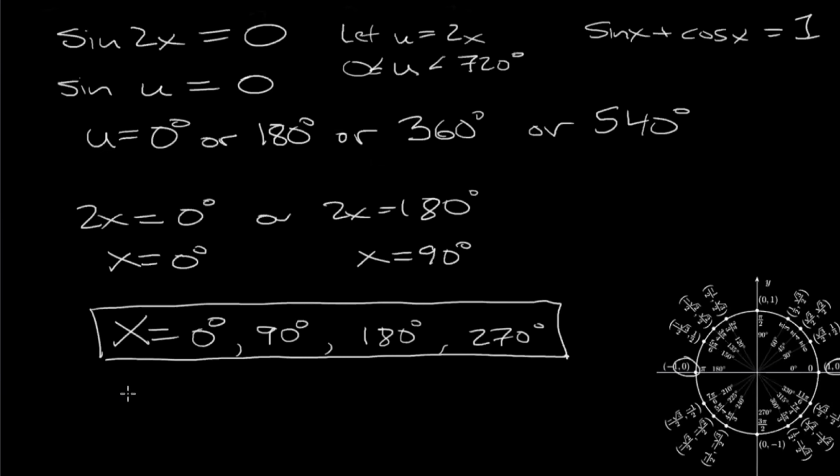You could also write something like, let's see, that would be 90 degrees K, and K between 0 and 3, for K an integer.